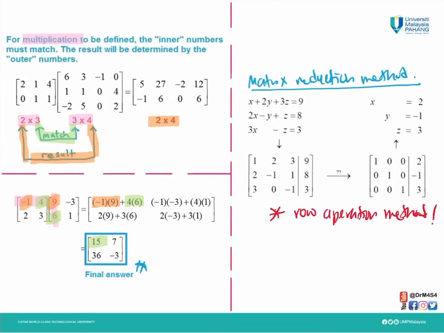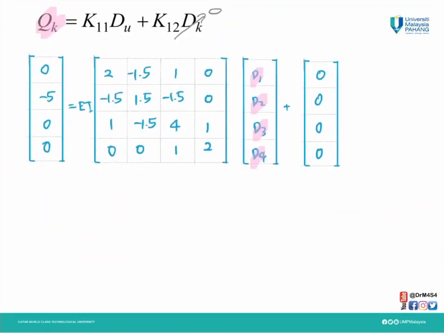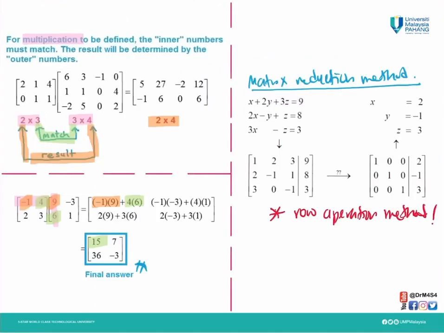And this is the final answer for that matrix operation. Also, from this matrix, we will have 4 equations. For example, we can use the matrix reduction method to find the unknown values. For example, we have here 3 equations, first, second, and third, where the unknown values are x, y, and z.